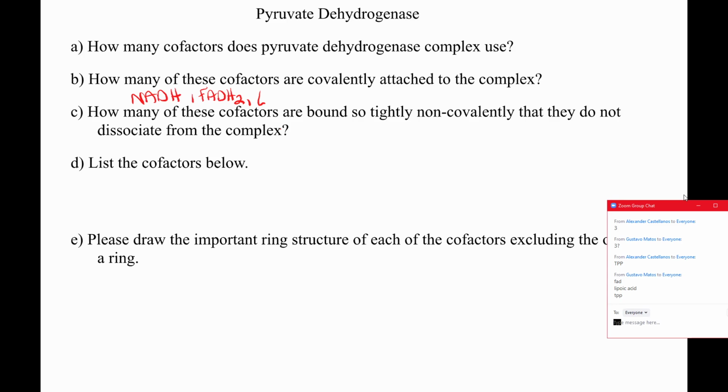If you look at the mechanism, so if you go to slide 19.